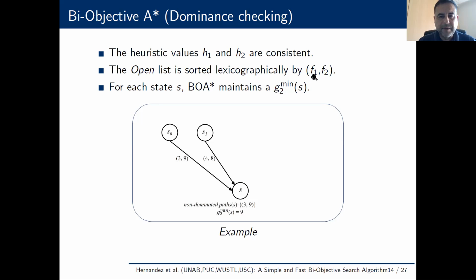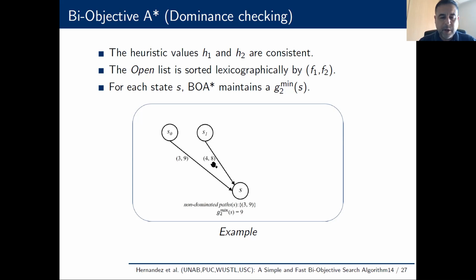The open list is sorted by F1, F2. That means that the G1 of the solutions always increases. For instance, 4 is bigger than 3, and the next solution will have a bigger G1 value, because of the consistency of the heuristic.